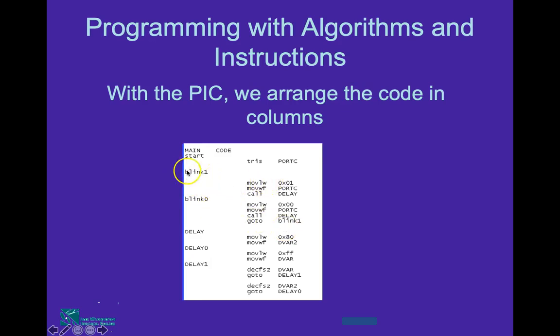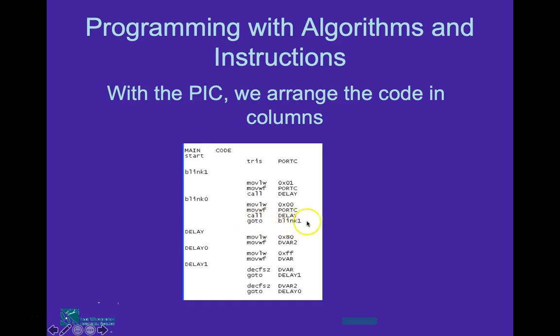So what happens is, as the system executes the program and reaches this delay point, it will jump to this delay and perform all these operations, and then it will go back to this instruction. Then it will perform all these operations, and then you have this delay over here, and it will go back to the delay again, perform all these operations, and then go to the next step, which is your go to blink 1.